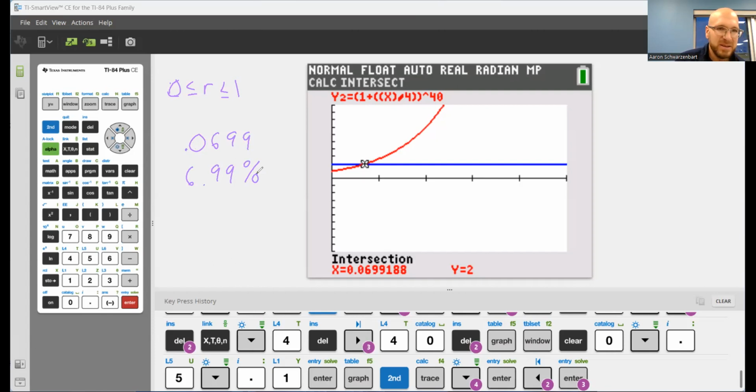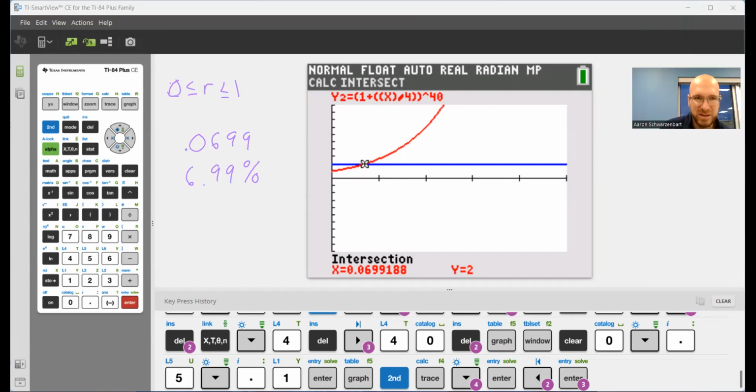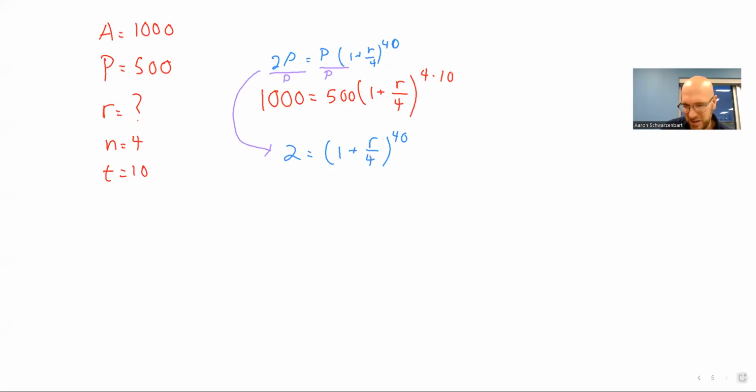Okay. The last thing we're going to talk about for today is compounding continuously. So that means more than every second. That means every whatever, every hundredth of a second, continuously uses our number e. Okay. And so we get the equation A equals P e to the RT.